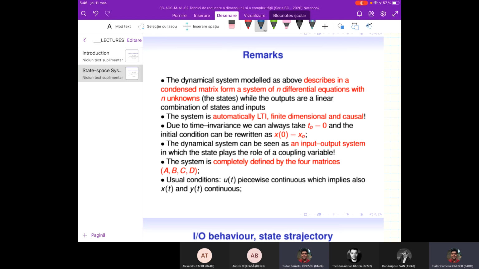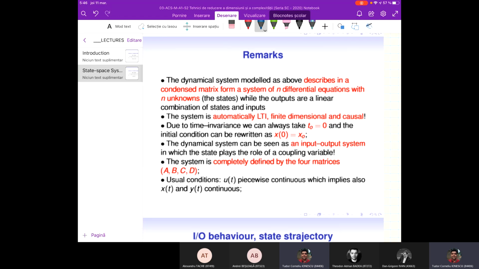The system is automatically linear, time invariant, finite dimensional, and causal. So it's a cause and effect. I'm not going to get into details; this is a question of mathematics. Causal means that all the time functions are zero before time zero.